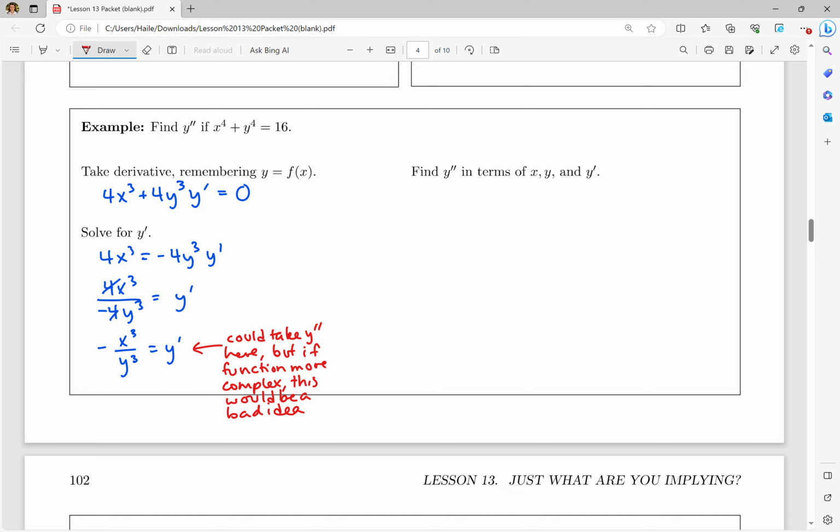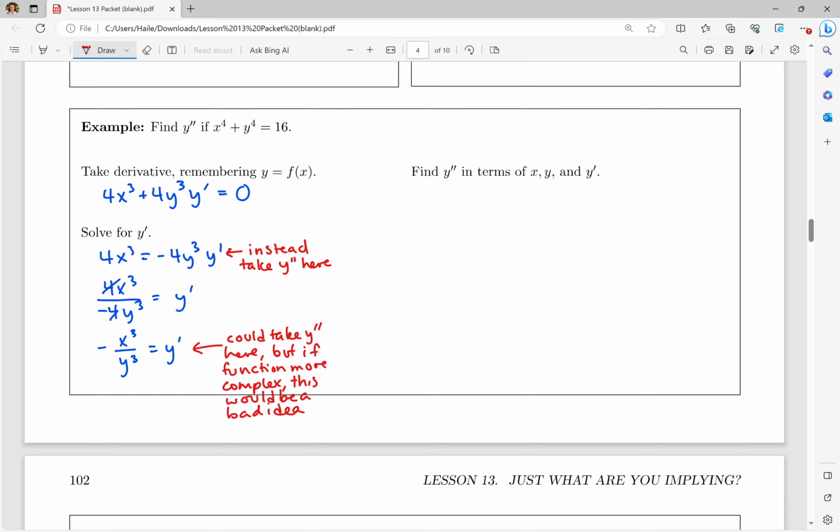You're probably like, oh, that wouldn't be too bad. That would just be a quotient rule. But what I want to do is instead take the derivative here, because if you had a more complicated function, that derivative solved explicitly would be an absolute nightmare.